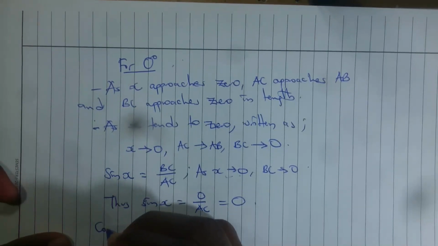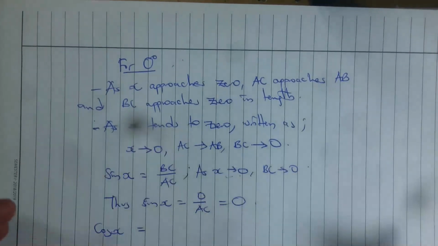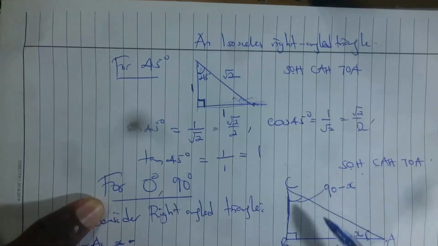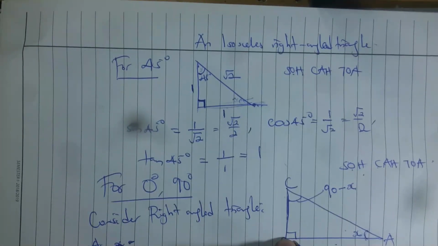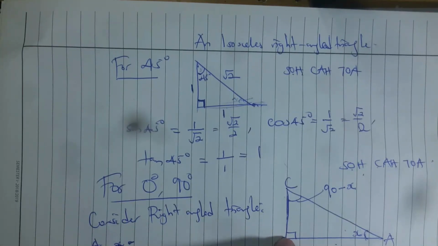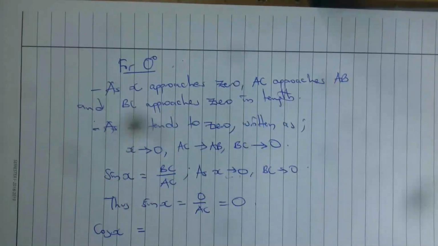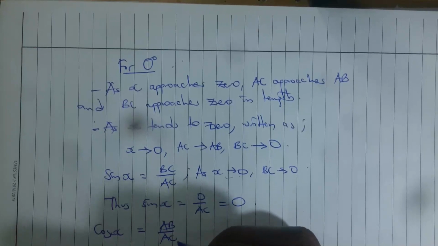How about our cos of x? Cos is adjacent out of hypotenuse. So x is here, this angle is adjacent to 90, so that makes this side our adjacent, which is AB. Hypotenuse is still AC. So it's AB out of AC.